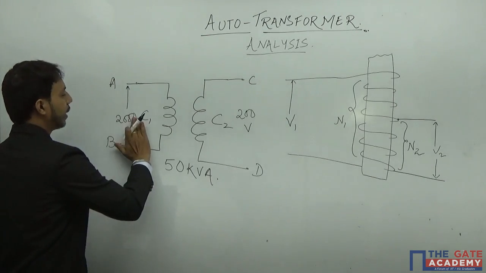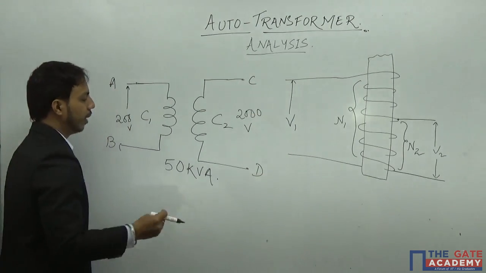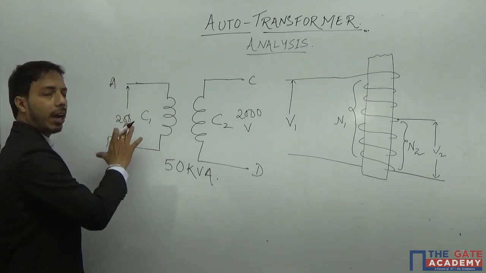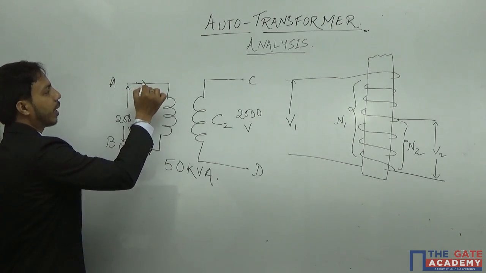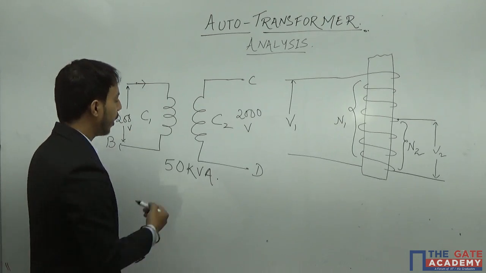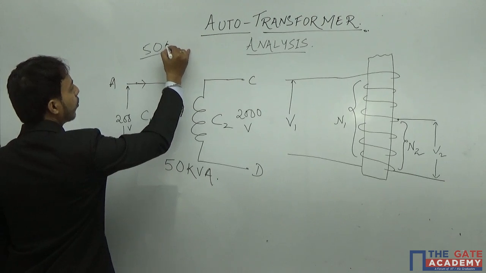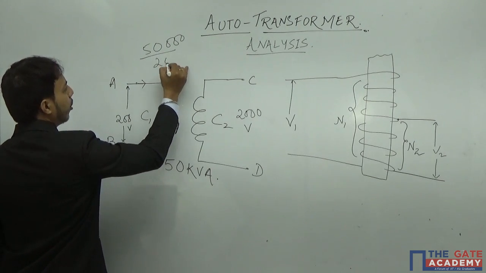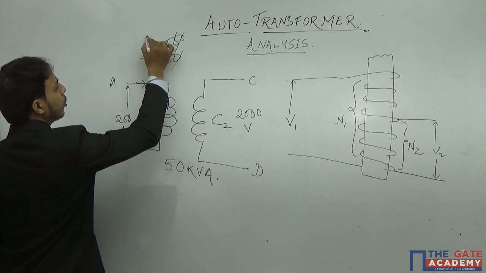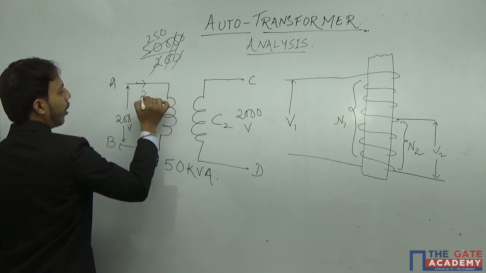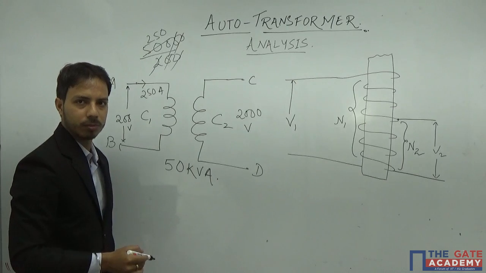Let us say it is a step up. So if I have an input voltage of 200 here, what will be the current here? The current here will be 50 kVA, that means 50,000 divided by 200, 250. So I'll have 250 ampere current rating of coil 1.